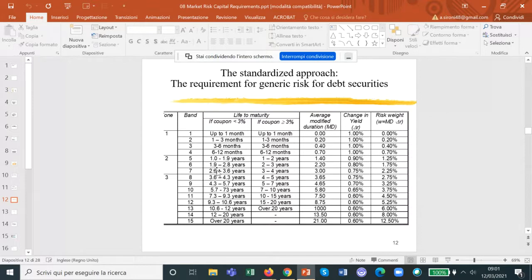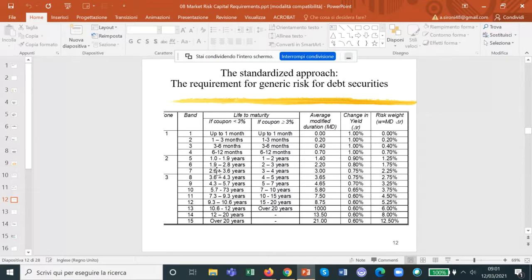You then multiply that by a change in yield, which is a proxy for volatility. And clearly we know that shorter interest rates are more volatile than longer ones. And therefore you see that this factor is decreasing over time. And by multiplying these three factors, you get the risk weight, okay?